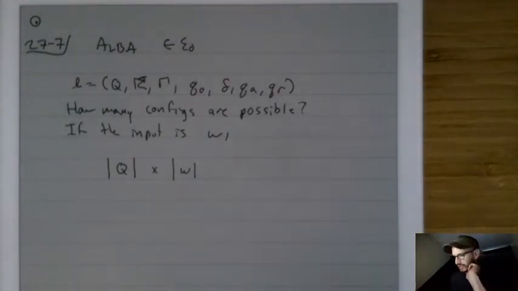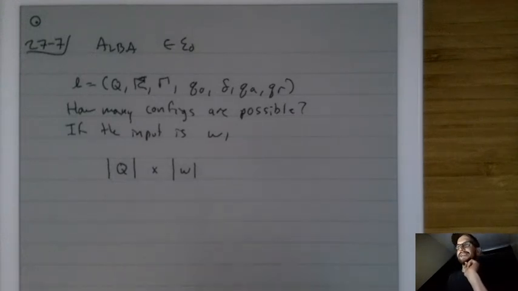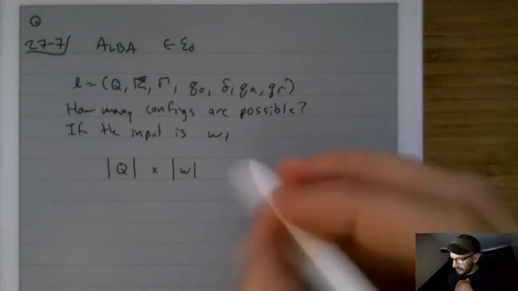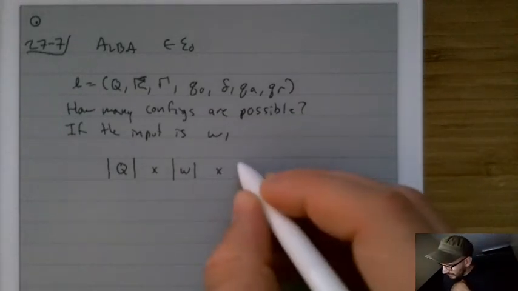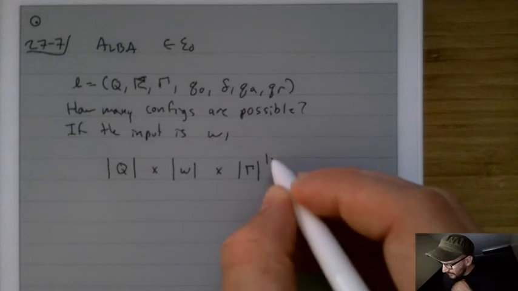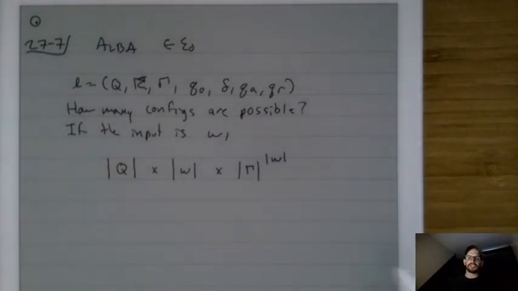So this is how many states, this is how many head positions. Then every position inside the string could have been changed to a different character, and it could have been any of the things in Gamma, so we have Gamma to the size of W. That is the total number of configurations that are possible inside of an LBA.